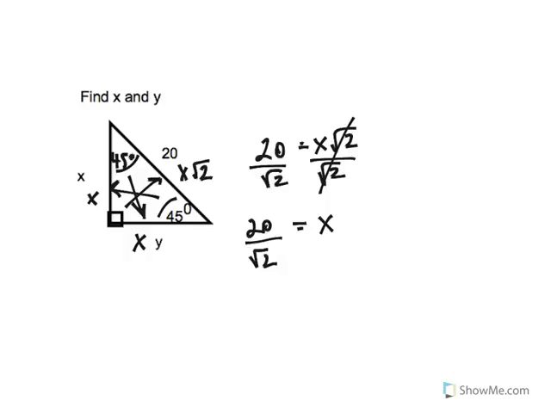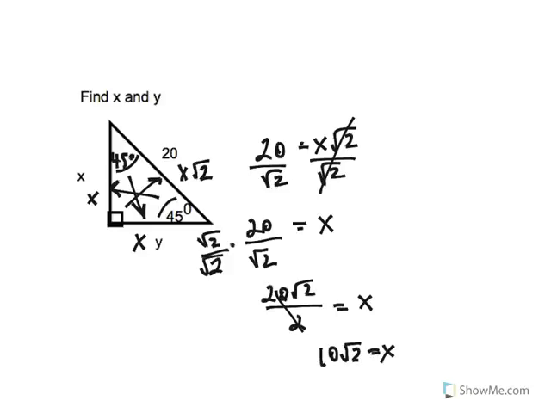Now we cannot leave a square root in the denominator, so we need to multiply the numerator and the denominator by the square root of 2. And we get 20 times the square root of 2 over 2 equals x. This reduces to 10 times the square root of 2 equals x.